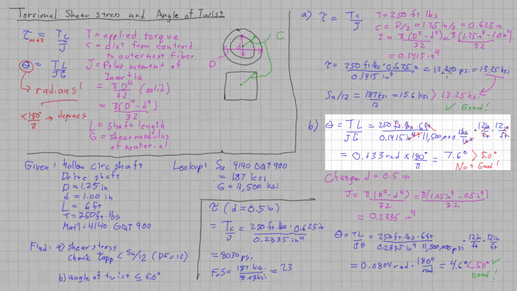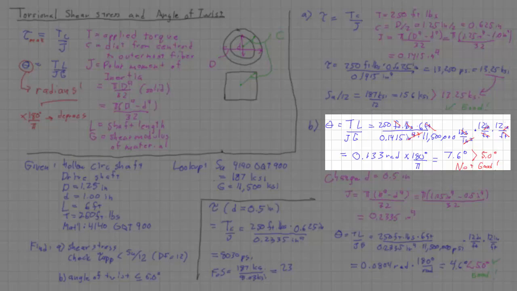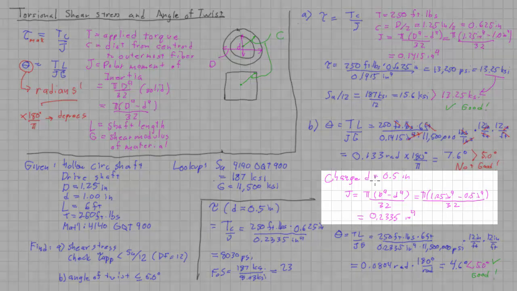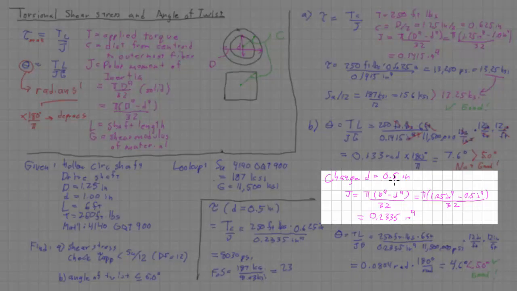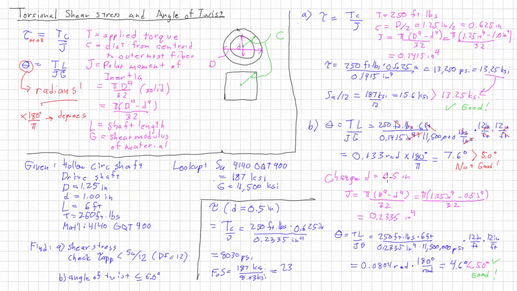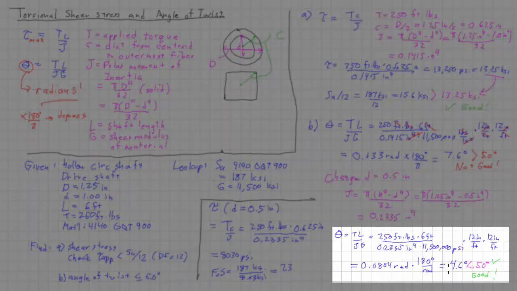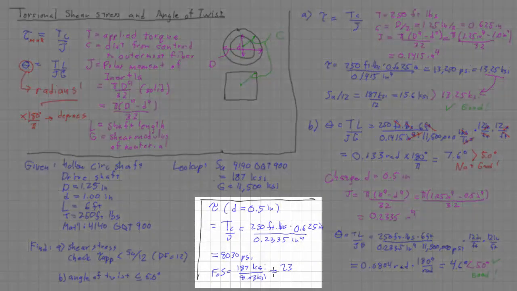And then we found the angle of twist. So we went over that and one by one got those particular variables, plugged them in, found out that our shear stress was good, but our angle was not so good. We changed the dimension of the inner diameter, and that changed our polar moment of inertia to something large enough so that our angle of twist got under 5 degrees, and then we checked our factor of safety again.